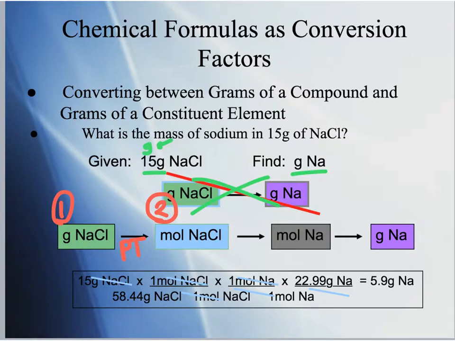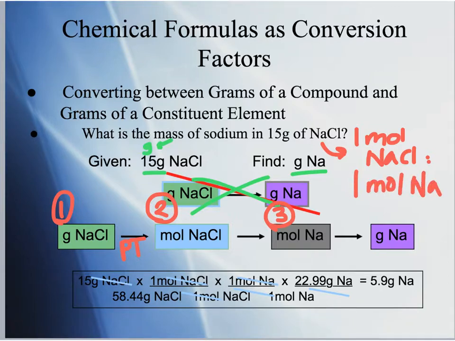So we're going to use our conversion factor here to go from moles of sodium chloride to moles of sodium. And in this particular substance, if we have 1 mole of sodium chloride, because it's a 1-to-1, 1 atom of sodium and 1 atom of chlorine, we're just going to have the ratio 1-to-1.